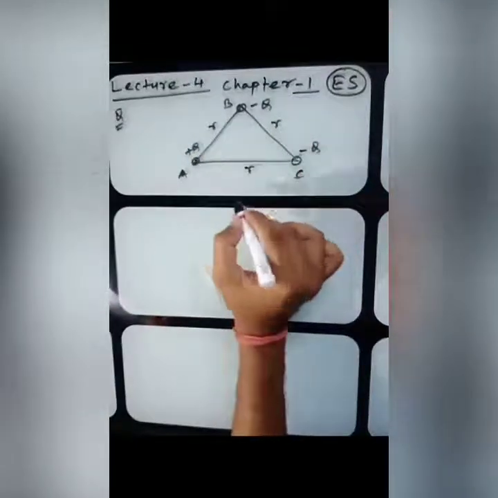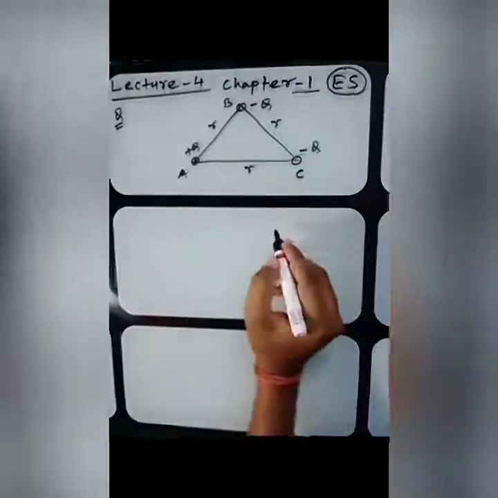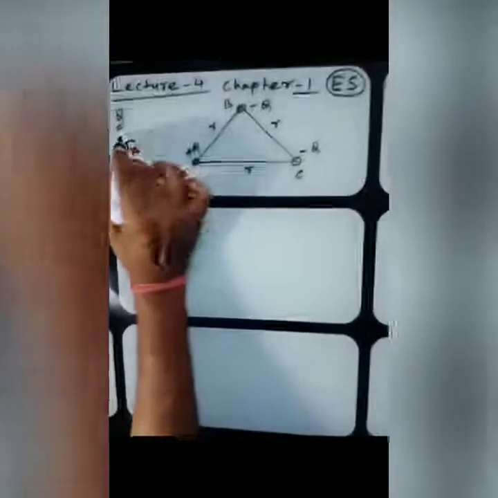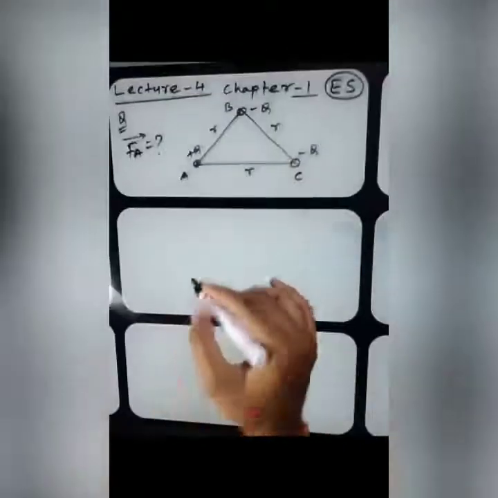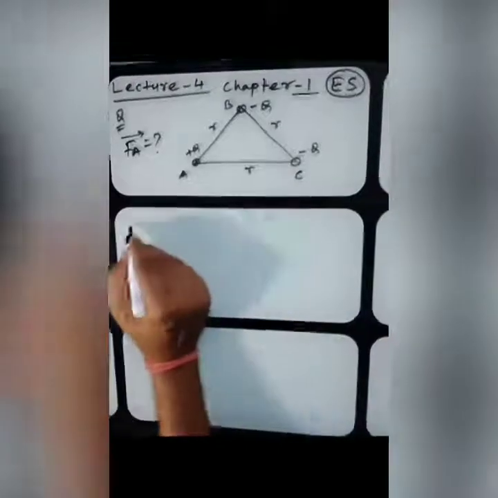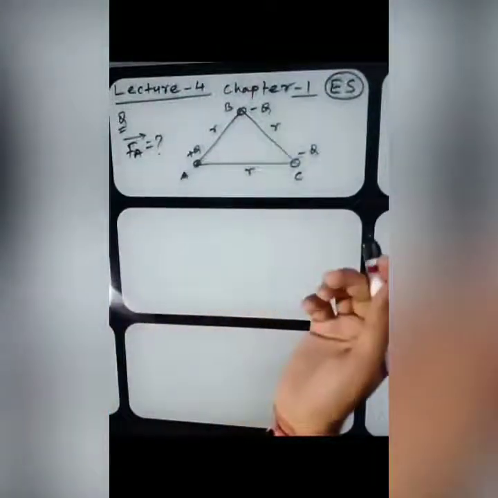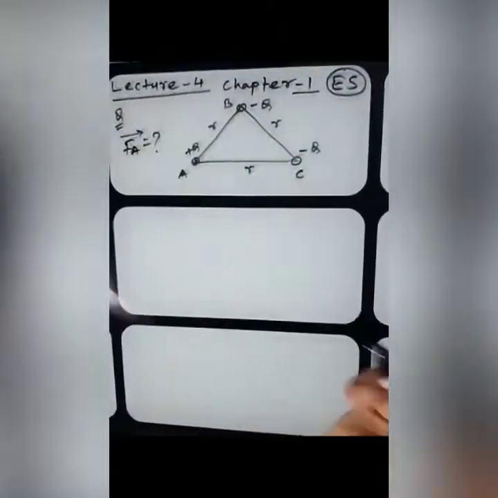If it is an equilateral triangle, the angle will be 60 degrees. We have to find the force F on A. Try to solve this question. If you can solve, then pause the video and solve it.